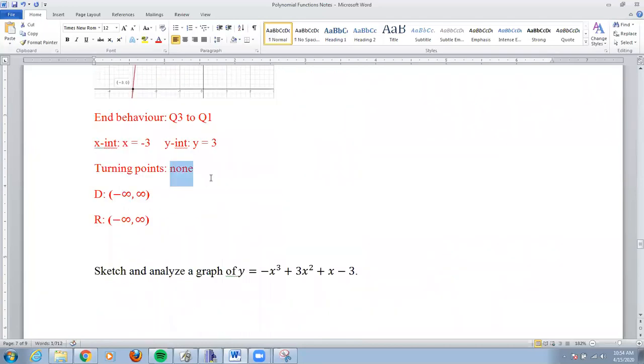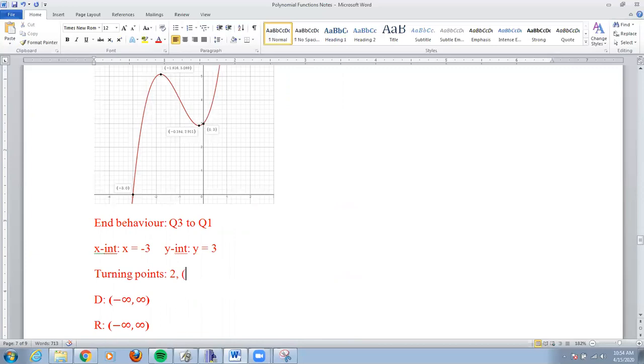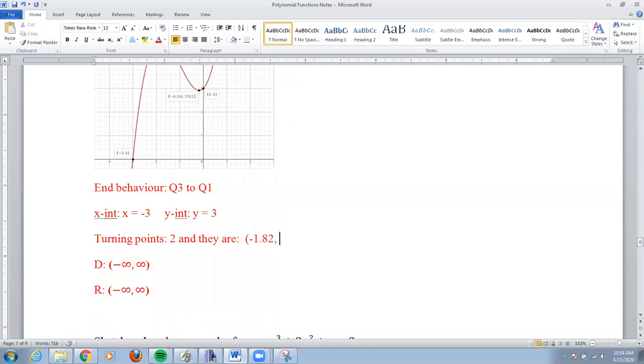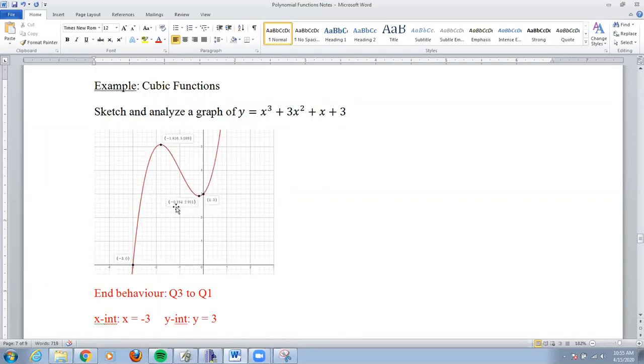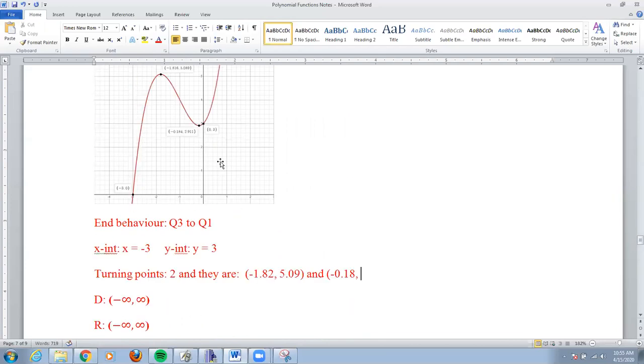Turning points, well, here we can see that it turns once and then it turns twice. So turning points, there's 2 of them. We may as well state their coordinates. We're going to 2 decimal places. They are -1.82, 5.09, and the second turning point would be negative 0.18, and the y value would be 2.91.